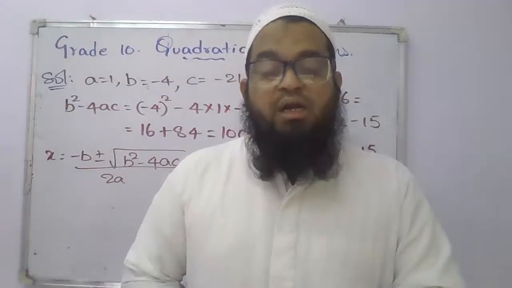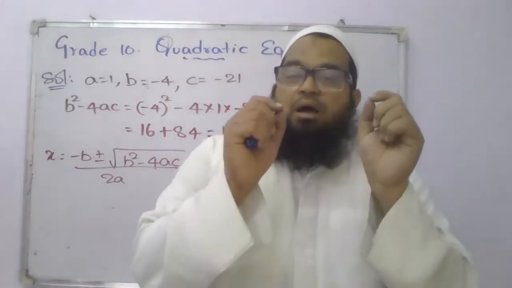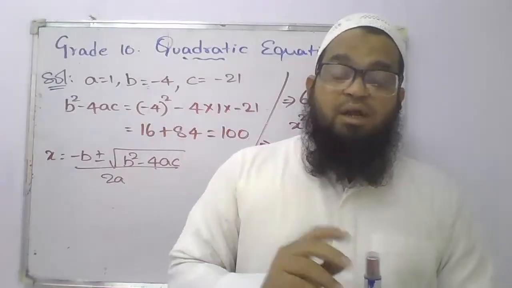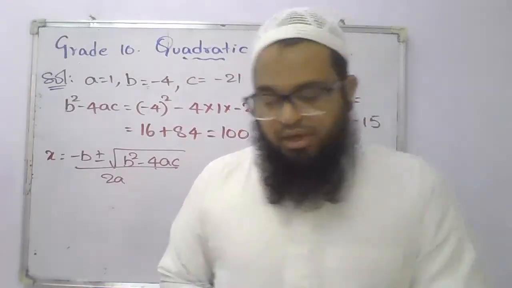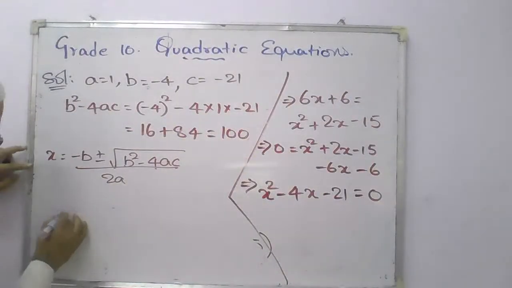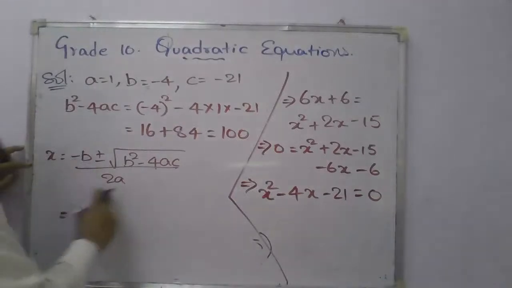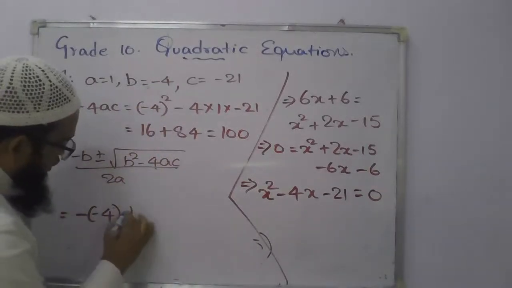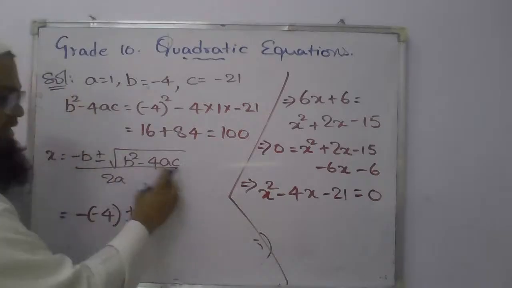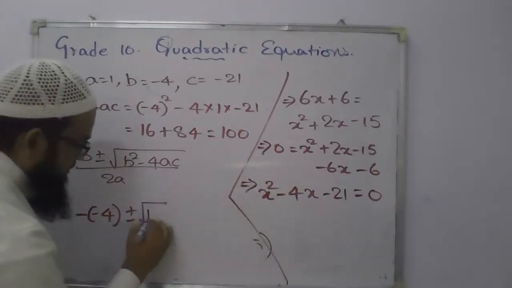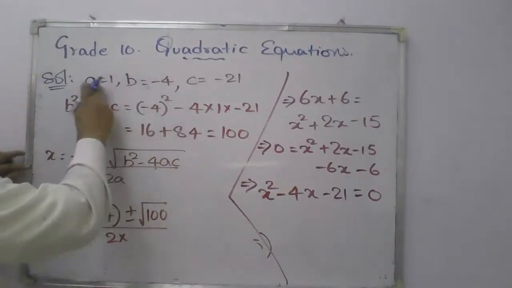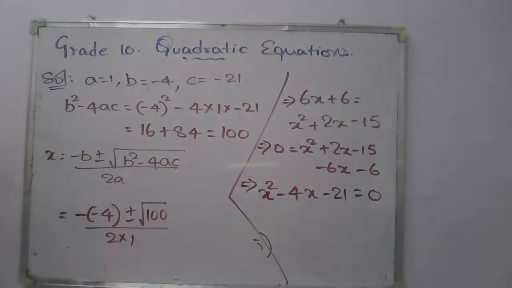You cannot do it in the examination unless you have a habit of writing this, then you will get it automatically. Otherwise, it will be difficult. So therefore, x is equal to minus, what is b? Minus 4, plus or minus square root of 100, divided by 2 times A, which is 1. Understood?